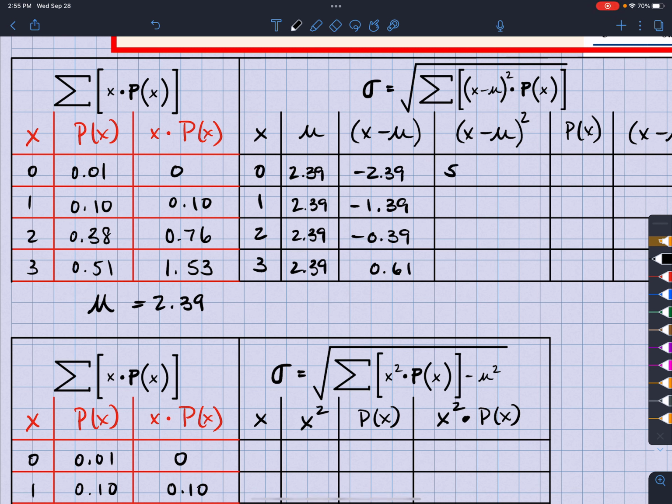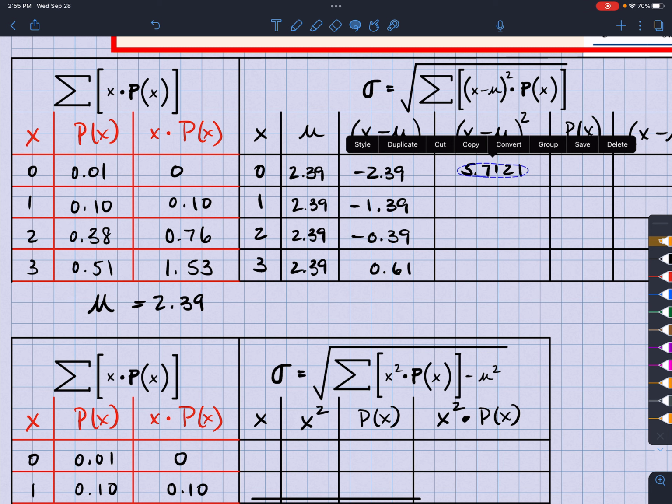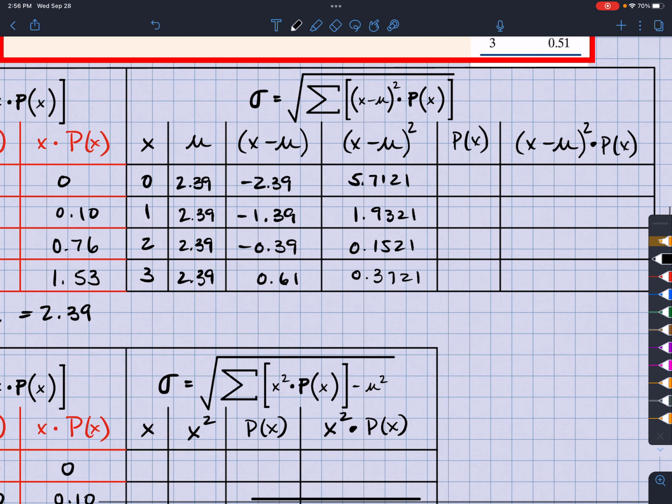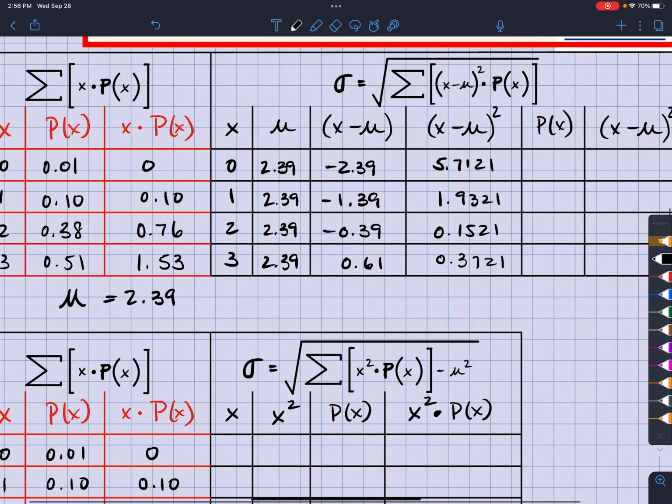I get 5.7121. 1.9321. 0.1521 and 0.3721. So that's squared. And now I gotta multiply by the p, which the p was already given originally.